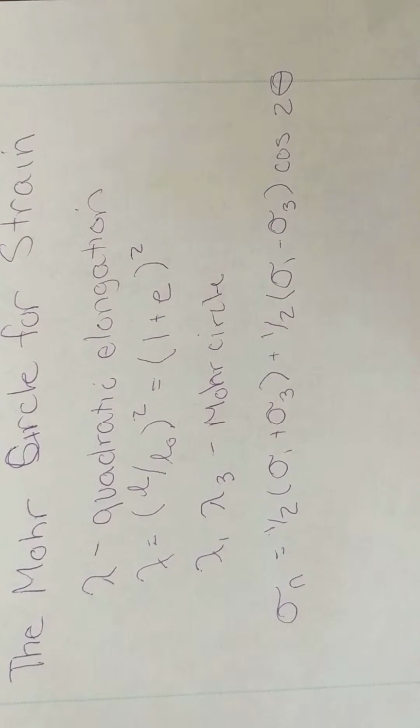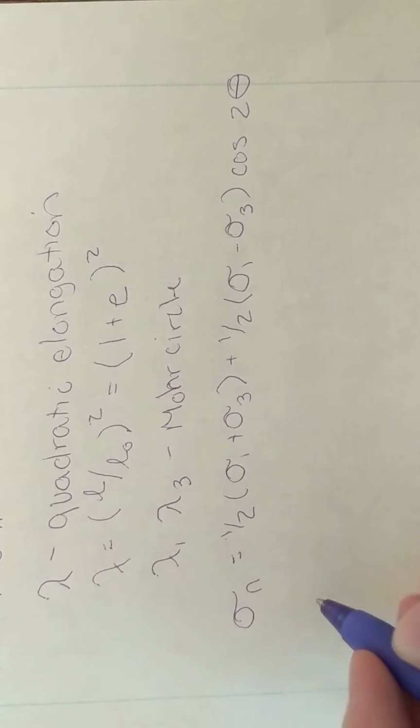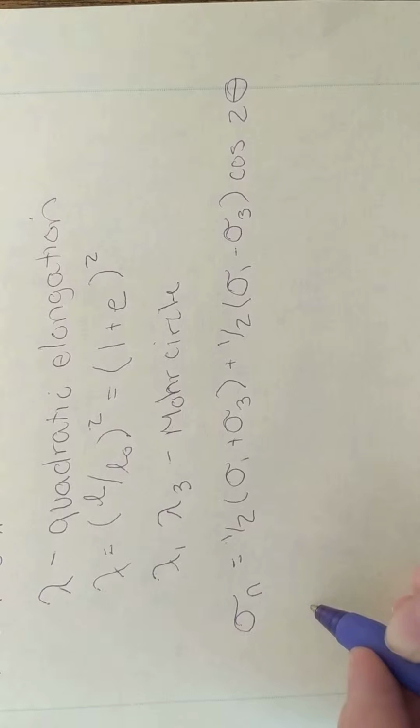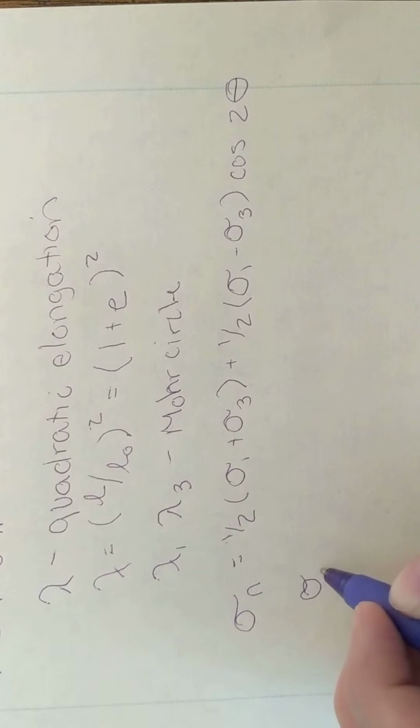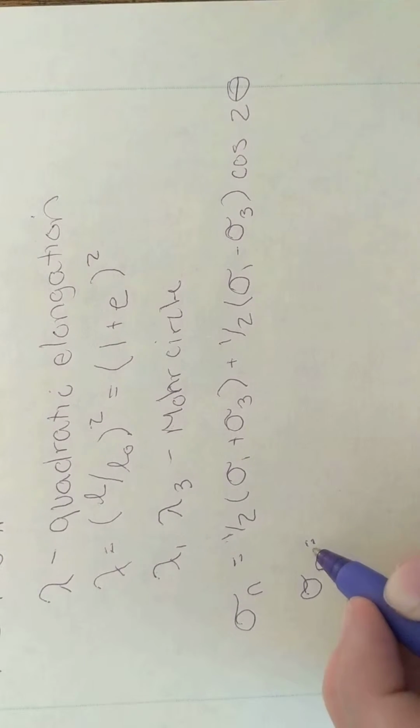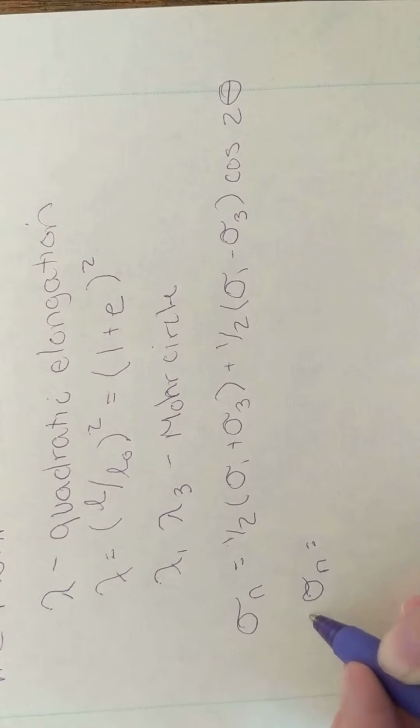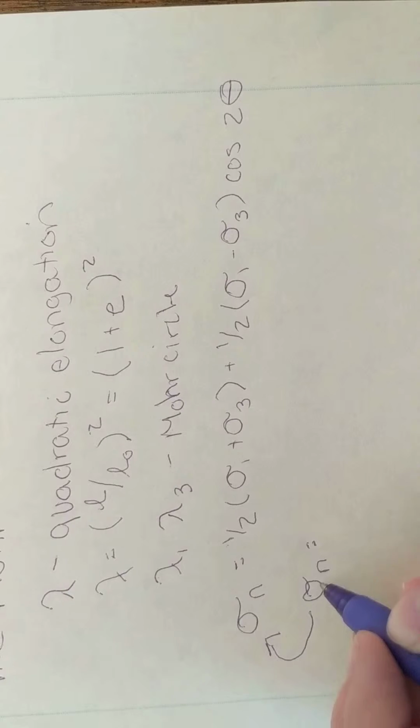That was our final equation for sigma n. We got to this equation first by dissolving all of our vectors together onto one vector. We did this during class. So after we do that, we're going to derive how we got to this equation.